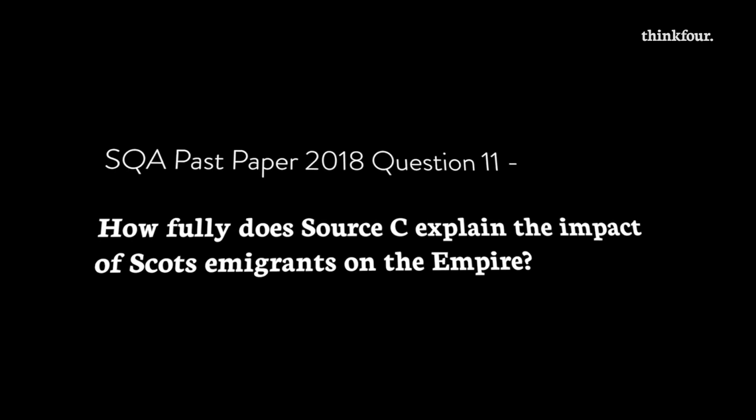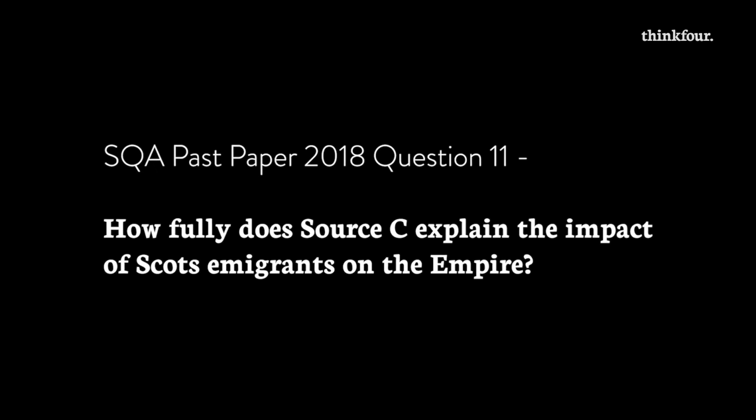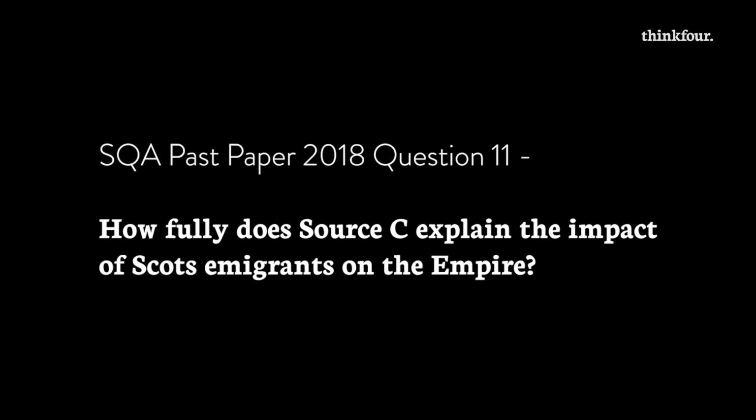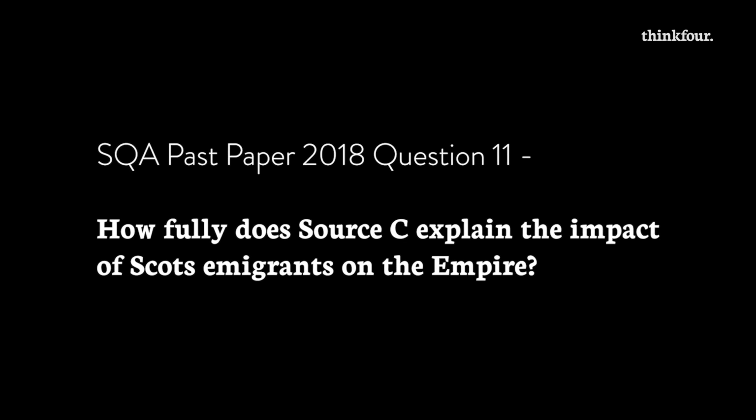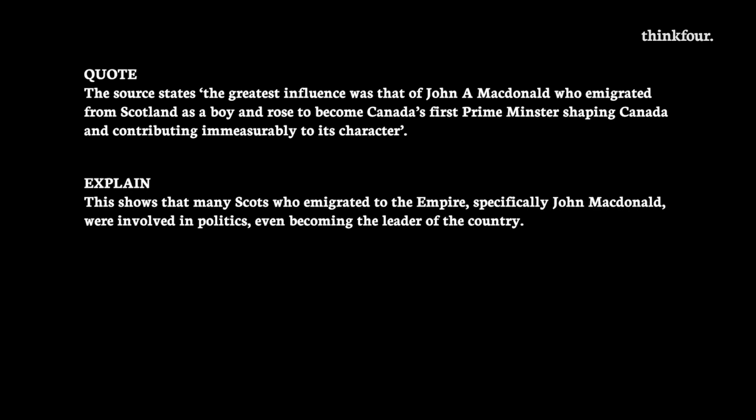Let's look at this question. How fully does source C explain the impact of Scots emigrants on the Empire? This question asks about the impact Scots had, so you need to focus on whether it's social, political, or economic. Using the QEA method, I would quote directly from the source, then explain it in my own words.